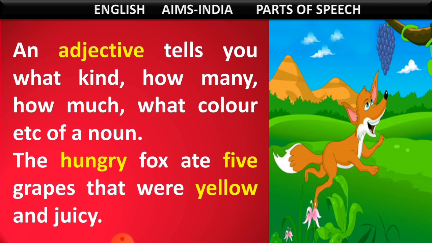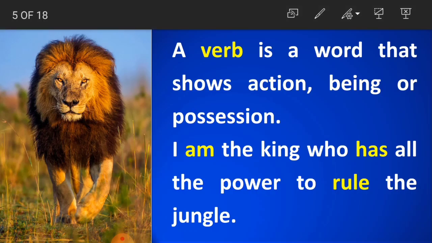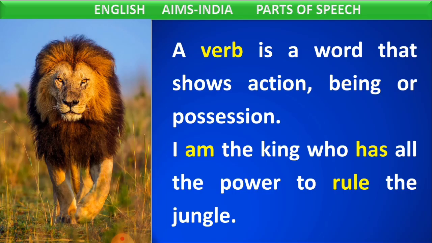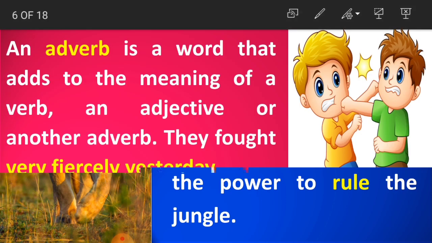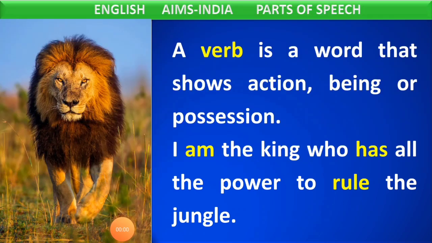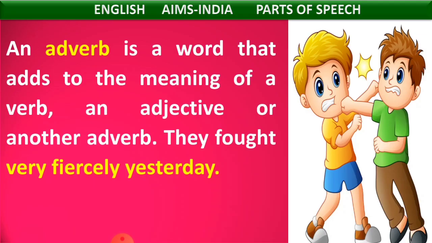An adjective tells you what kind, how many, how much, what color, etc. of a noun. Then a verb. A verb is a word that shows action, being or possession. Then the next one, an adverb.